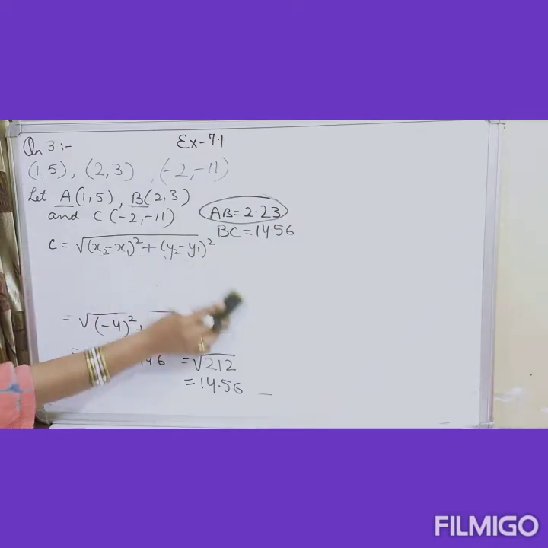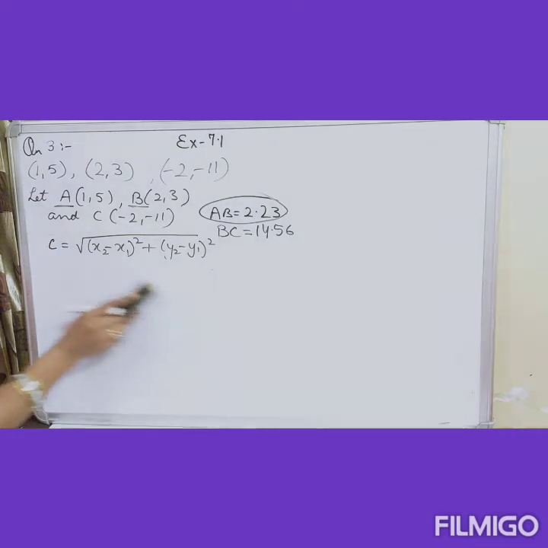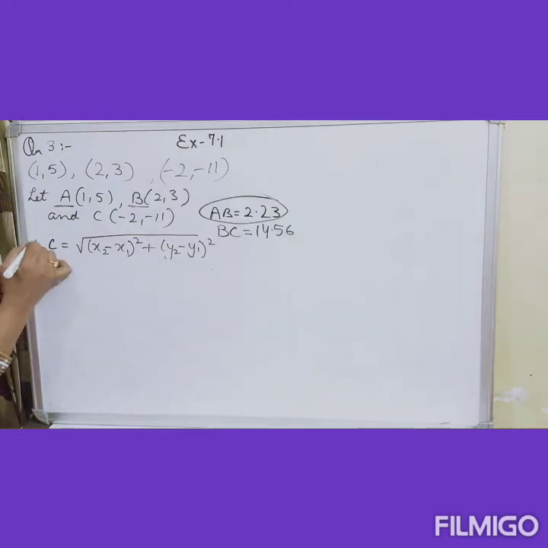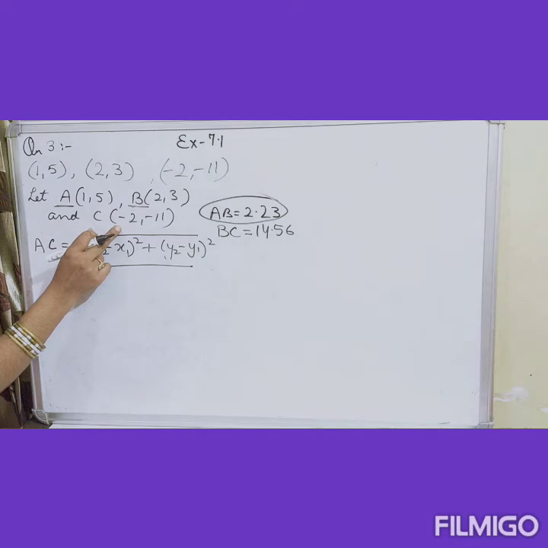In the same way, one more is left, that is AC. So we'll find AC now. Let's see what the value of AC will be. A and C, x1 y1, x2 y2.